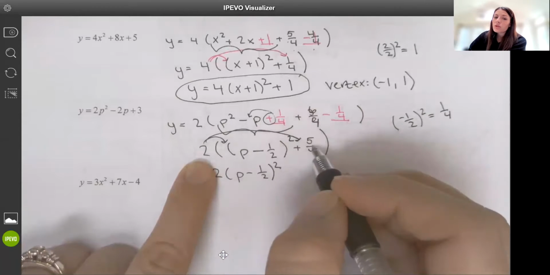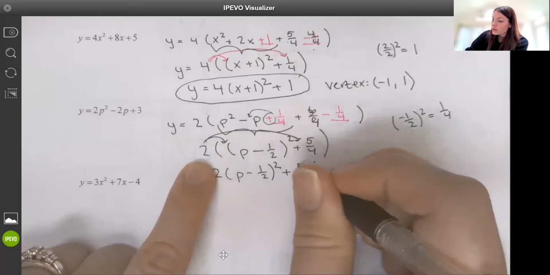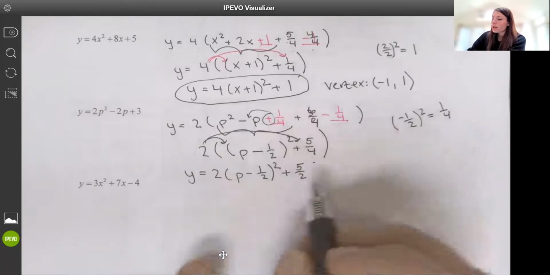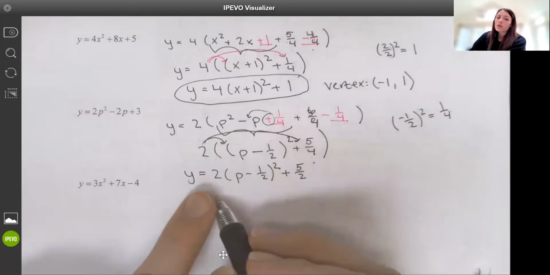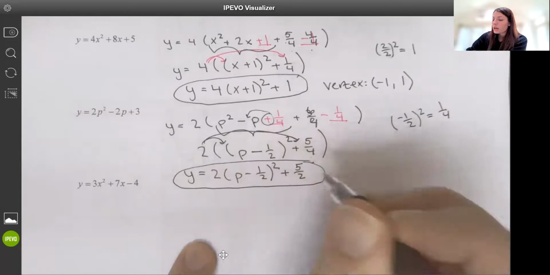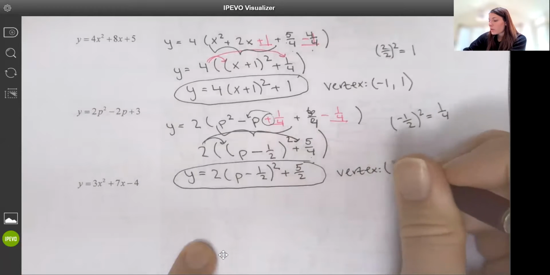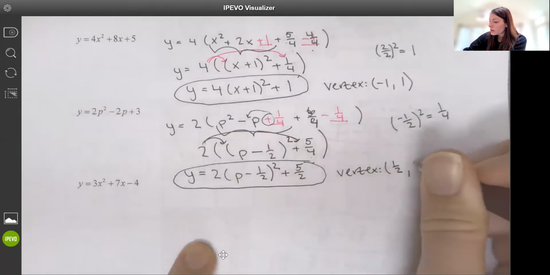But 2 times 5 gives me 10/4, which reduces to 5/2 when I distribute that 2 back through to my terms. Here's my quadratic in vertex form, and I know that my vertex is at 1/2 and 5/2.